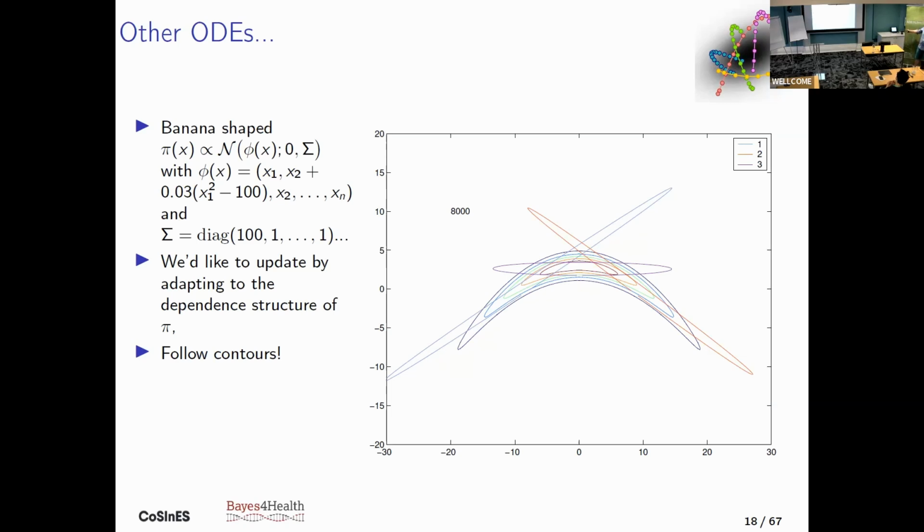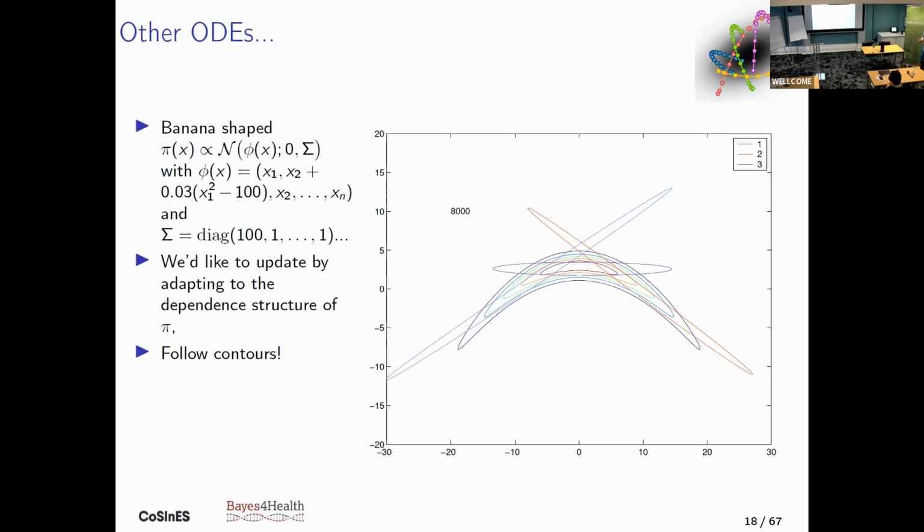So you see that the target has very specific geometric properties. And if you use a standard algorithm that updates your particles in a straight line, this is unlikely to work very well. Really, what you would like to do is something that follows the contour. There are many scenarios where you can actually describe those contours.